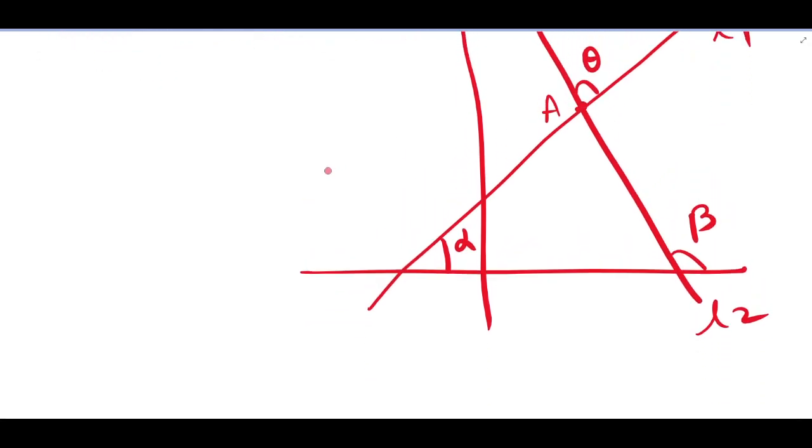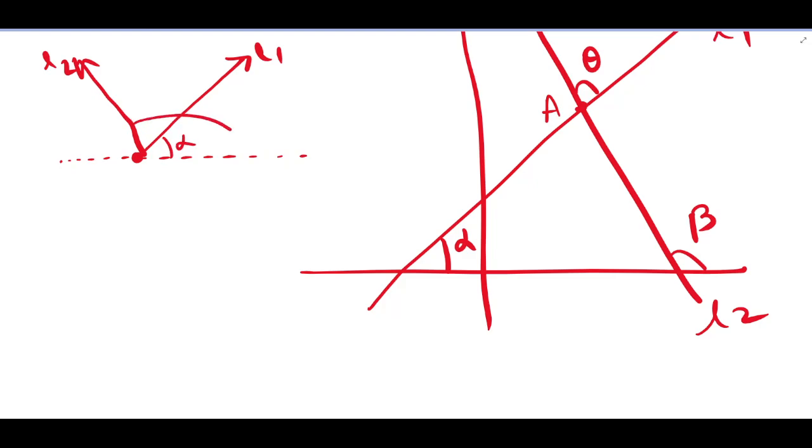If we consider point A, the intersection point, and create a reference line, L1 is at angle alpha and L2 is at angle beta. So theta is equal to beta minus alpha.